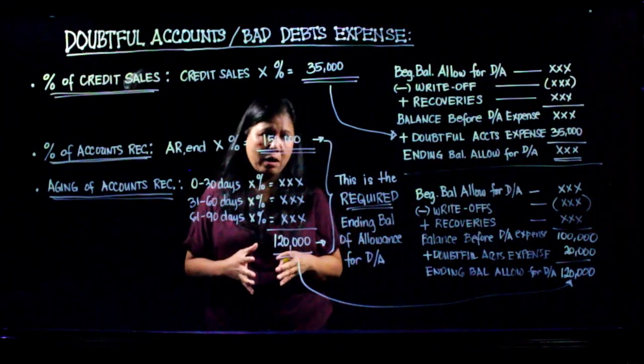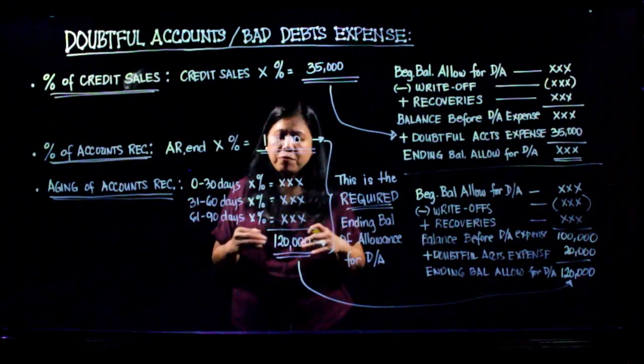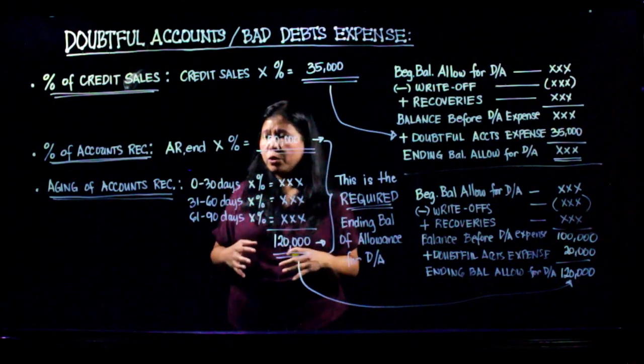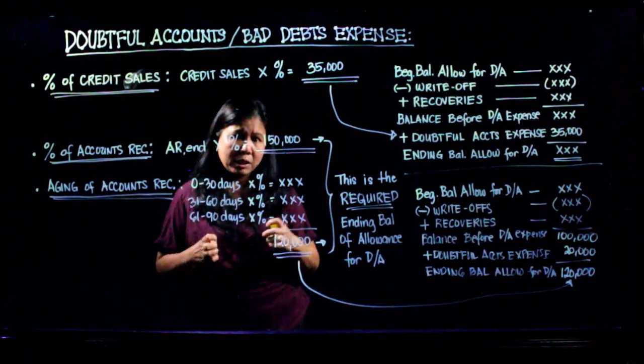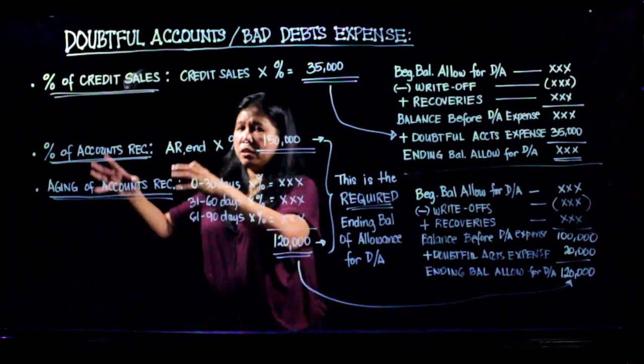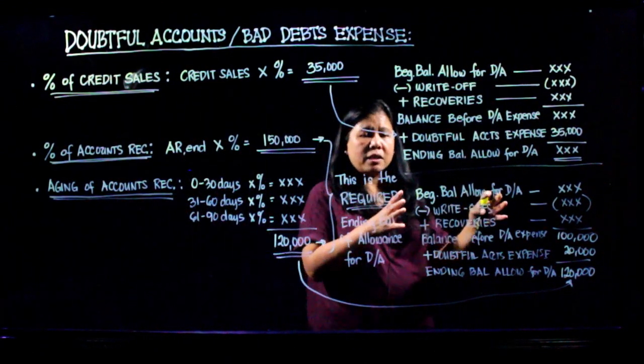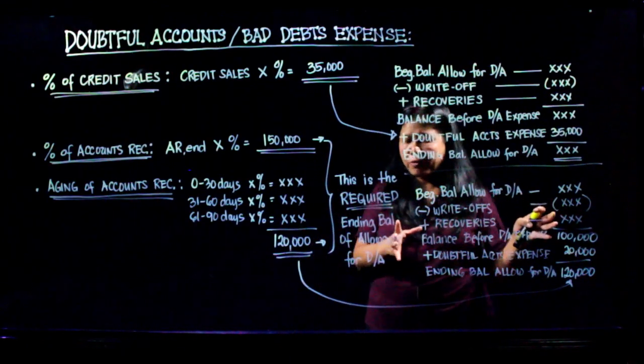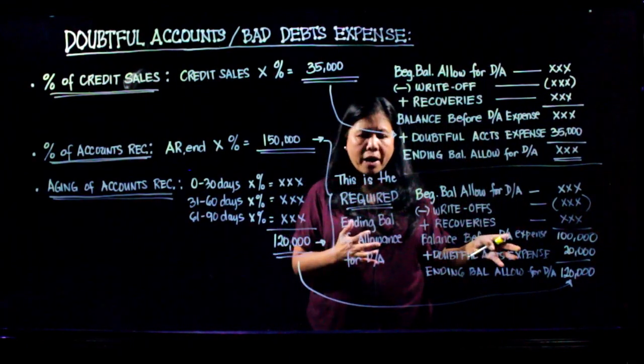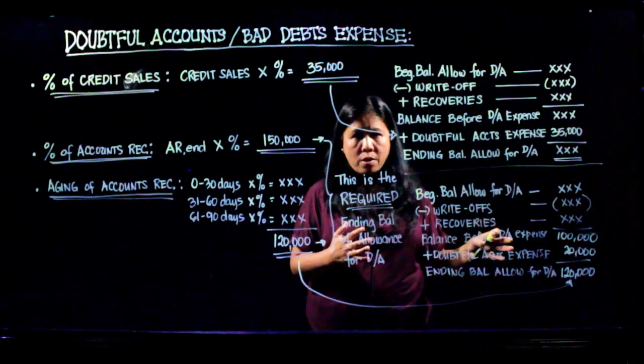Now, if the problem requires you to find the doubtful accounts expense using these two methods, then you start with the beginning balance of the allowance for doubtful accounts. You subtract all the write-offs and add all the recoveries.